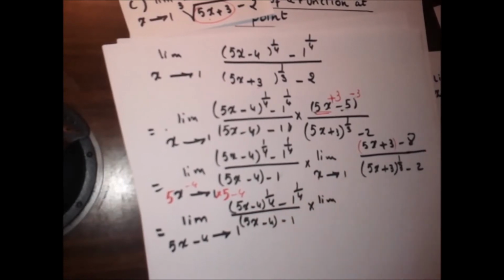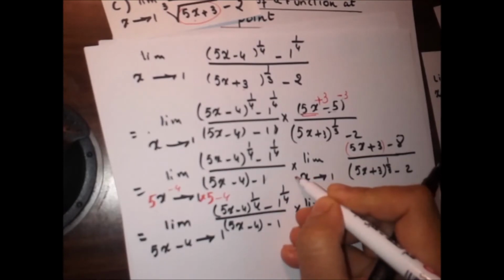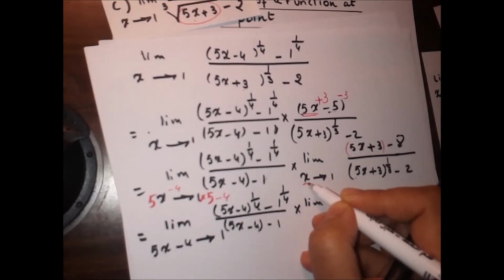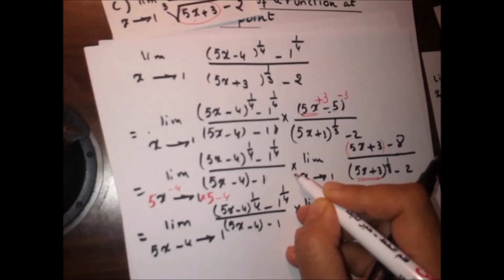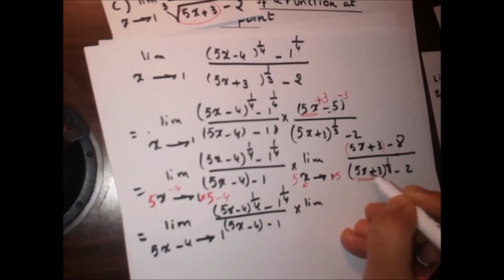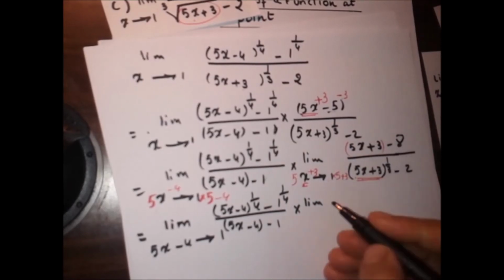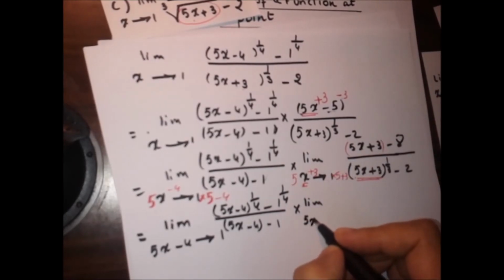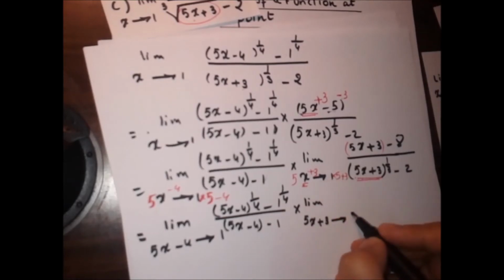Also here we need to make a change, so we want to change this x into 5x plus 3: times 5 on both sides, plus 3 on both sides, so 5x plus 3 tends to 5 times 1 plus 3, which is 8.